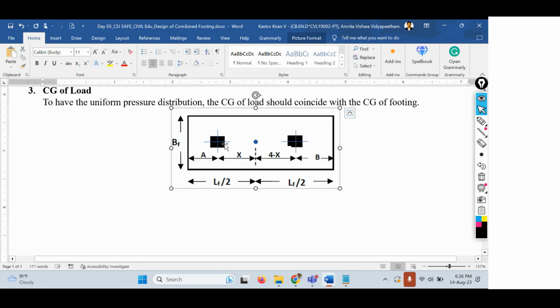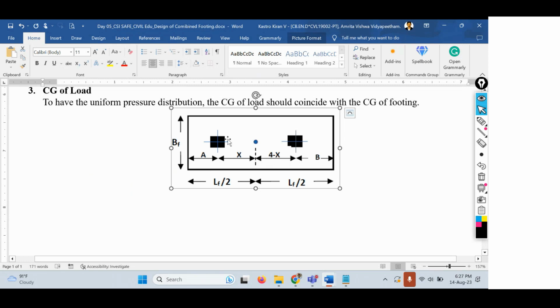It can be column 1 or column 2, but I'm considering it from the left column. The center to center distance between these two columns is 4 meters. The distance from the center of column 1 to the nearest edge of the footing is A, and from the center of column 2 to the nearest edge it is capital B. And this distance is 4 minus x.